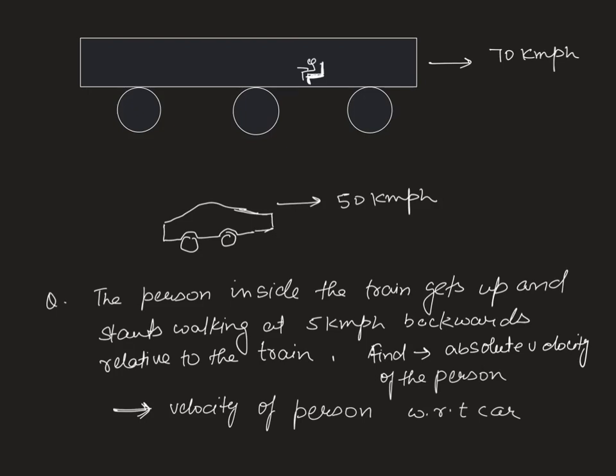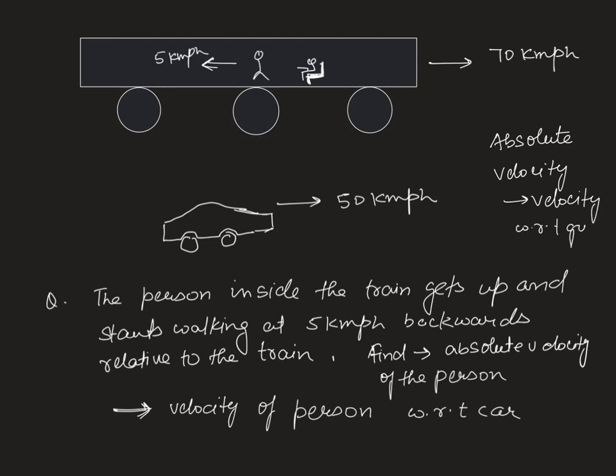So let's see. The person gets up and starts moving backwards with 5 kmph. But we have to understand something. This 5 kmph is not the absolute velocity, and I would like to mention again what is absolute velocity. Absolute velocity is velocity with respect to ground.